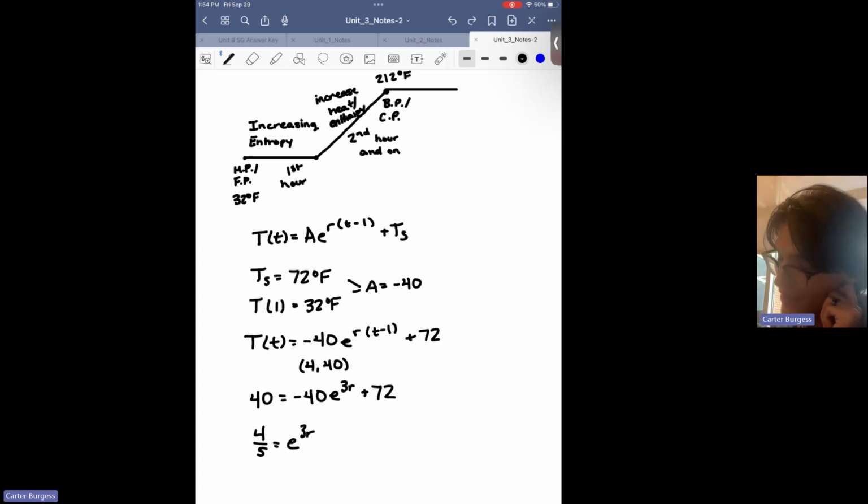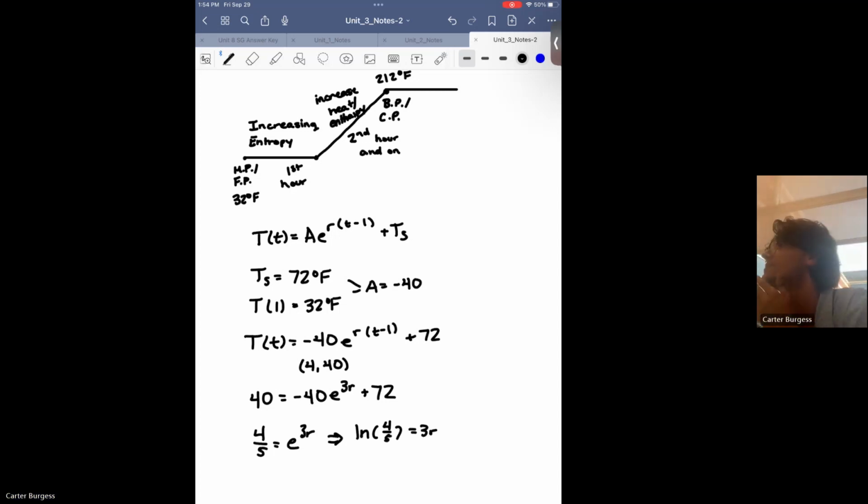I like rewriting it as a logarithm. So this is going to be the ln of 4 over 5 equals 3r. And then solving for r, dividing both sides by 3, I get that r should be the ln of 4/5 divided by 3.